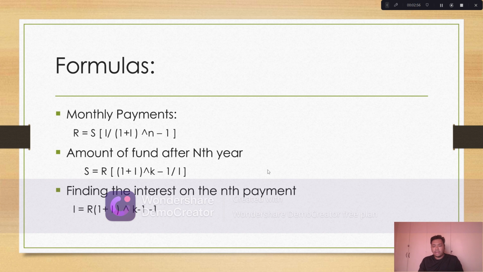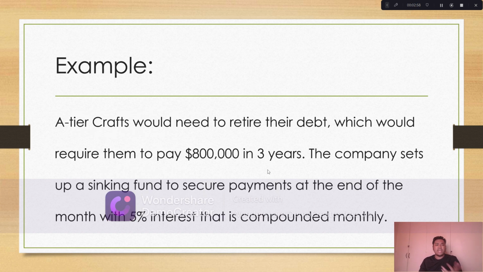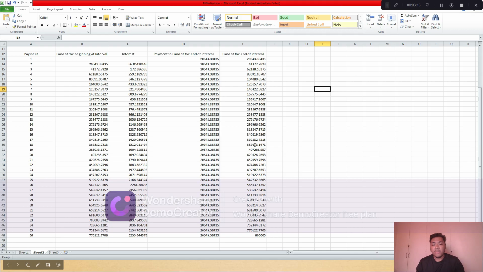Let me give you an example. A company would need to retire a debt, which would require them to pay $800,000 in 3 years. The company sets up a sinking fund to secure payments at the end of the month with 5% interest that is compounded monthly. To have a better understanding, let me break it down in the table that I prepared.